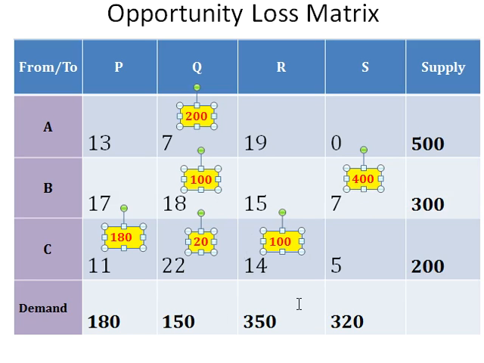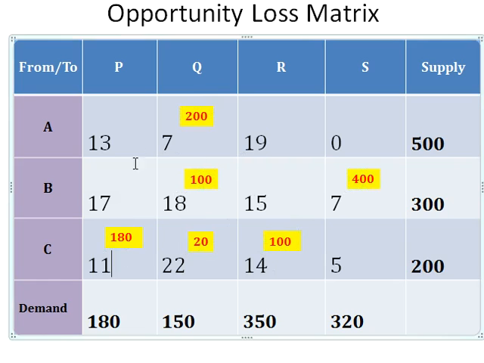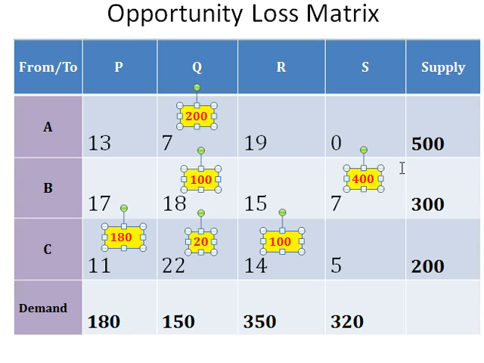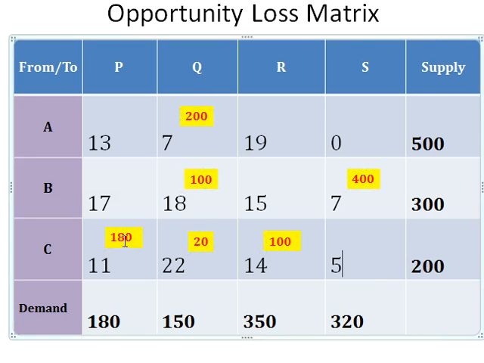Here I am not explaining all that again. I am simply putting the final answer obtained using the warm method. So these are the final allocated values.